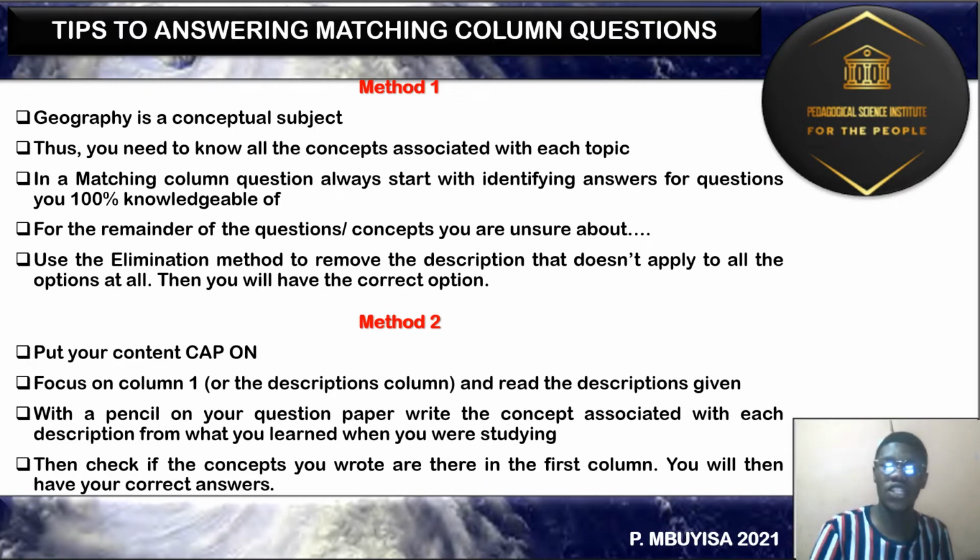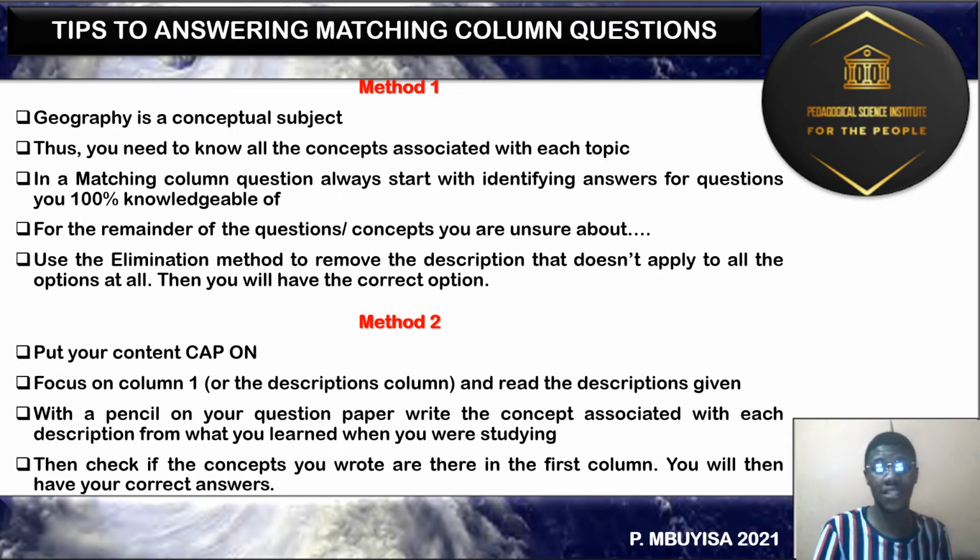So establish for yourself which concepts relate to the descriptions. Then afterwards, you can go to column 2 and check if those options appear, and fill in the ones that you are unsure with. So check if the concepts you wrote are there in the second column, and then you'll be able to check the correct answers and get a total for your matching columns question.